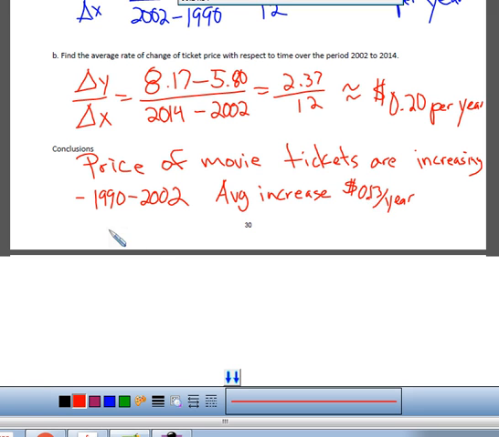Should be a decimal there. And from 2002 to 2014, an average increase of 20 cents per year. All right, and that's it.